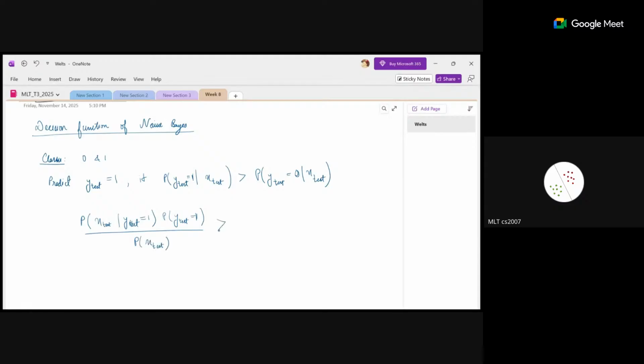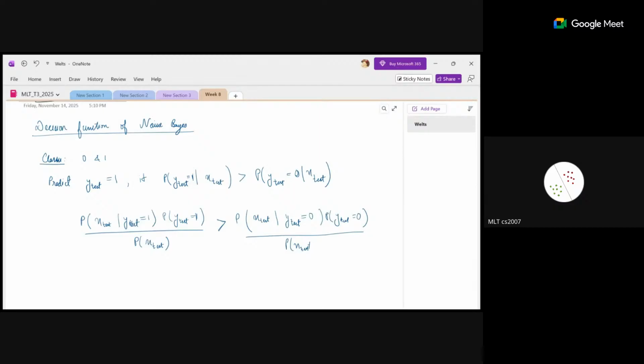And this should be greater than the same thing for the other class. So you are going to get the probability of x test given y test equal to 0, times the probability of y test equal to 0, divided by the probability of x test.